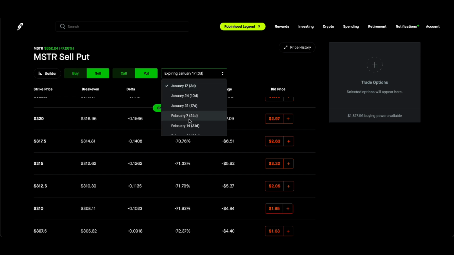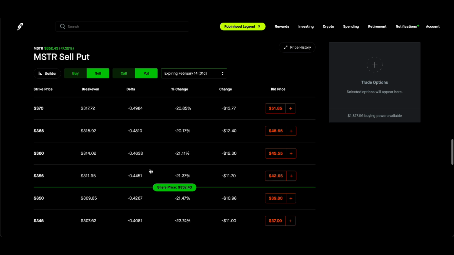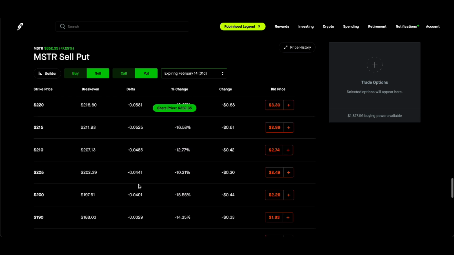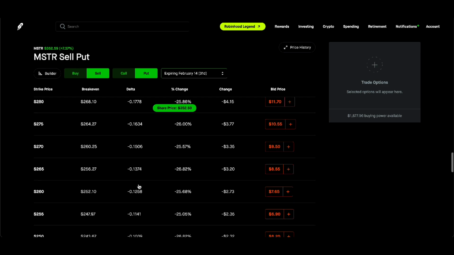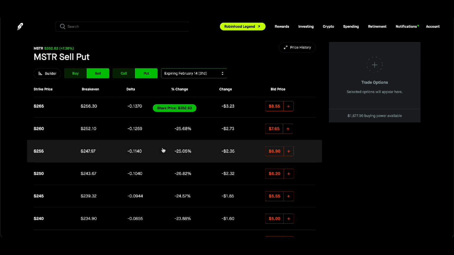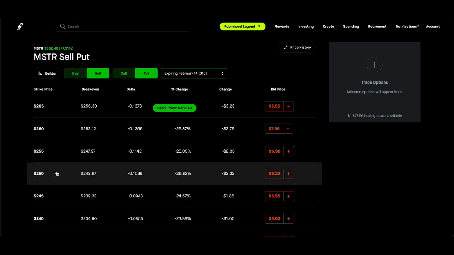Say, for example, if I were to go 31 days out and look for the same delta value, 0.1 delta, which is somewhere around here, for $250 per share I'll be making $6.20 per share.